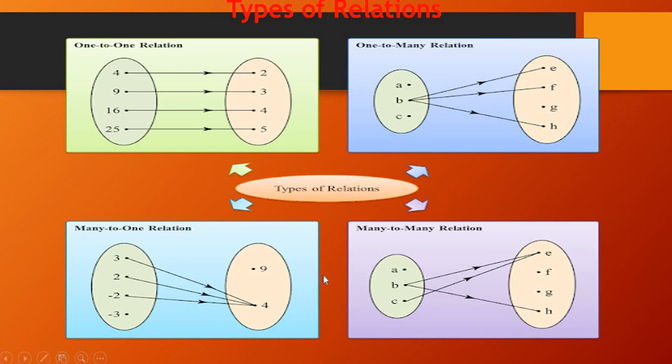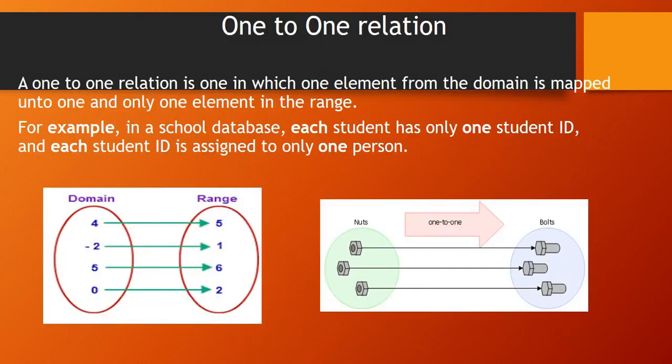In order to ensure that you fully understand these kinds of relations, I am now going to zoom in on each of them one by one. So, one-to-one relation. A one-to-one relation is one in which one element from the domain is mapped onto one and only one element in the range.